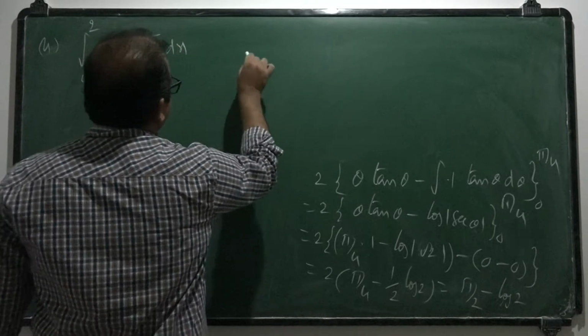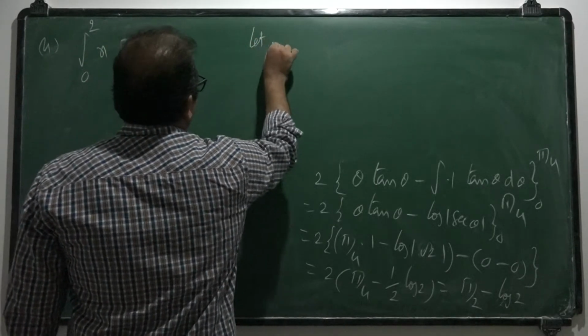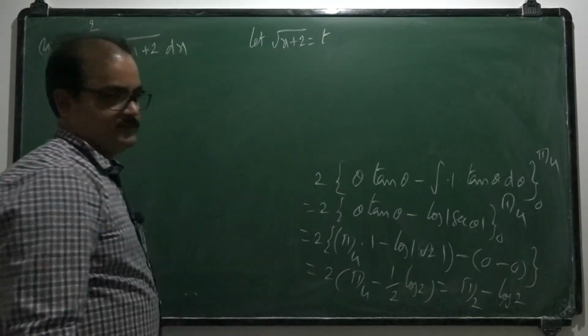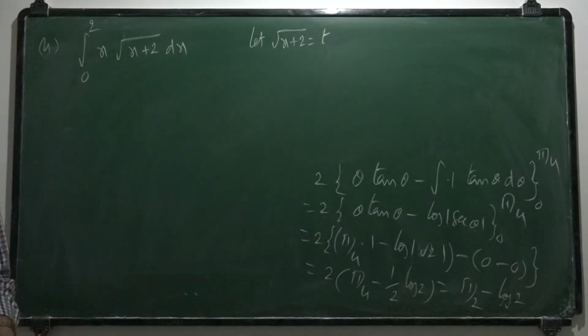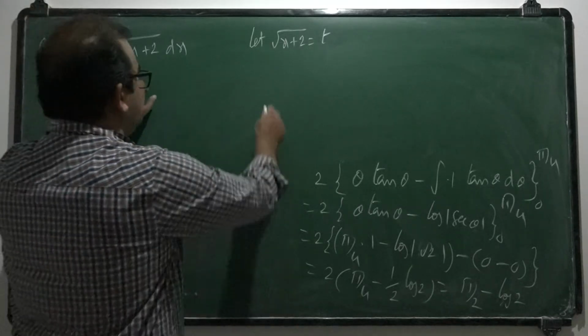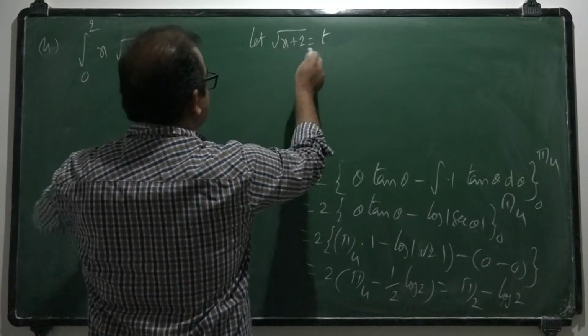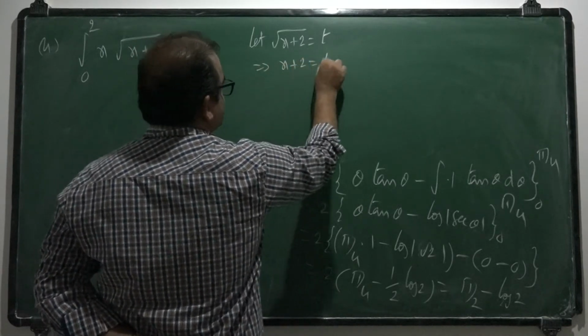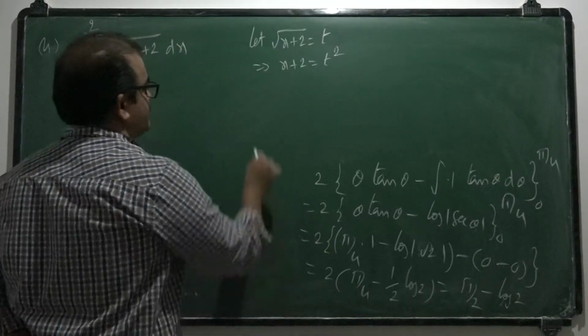Okay, here let root of x plus 2 is equal to t. Take root x plus 2 is equal to t. To remove the square root, squaring on both sides, then it becomes x plus 2 is equal to t square.